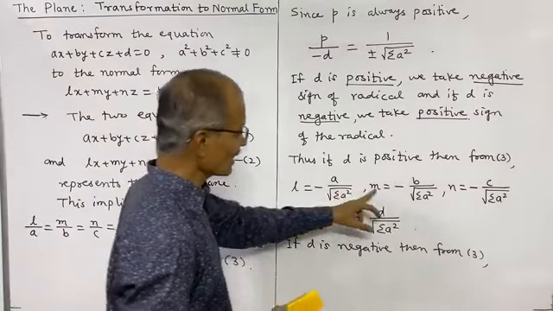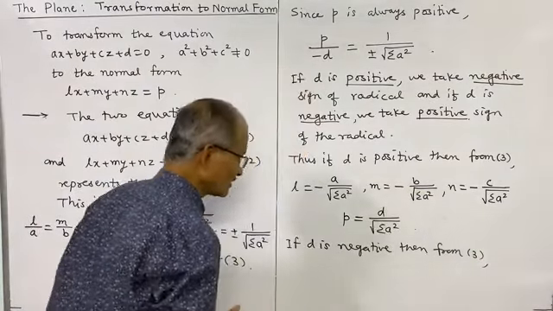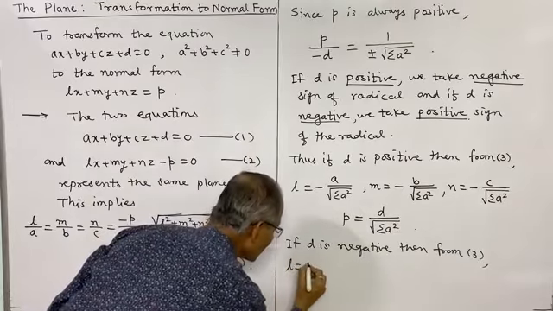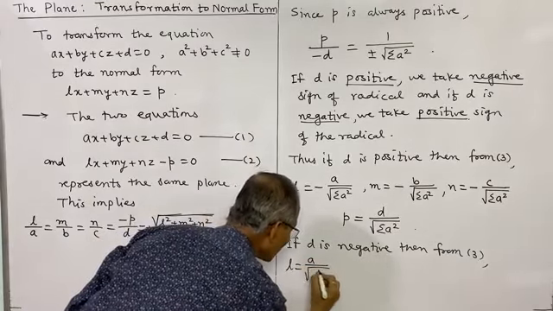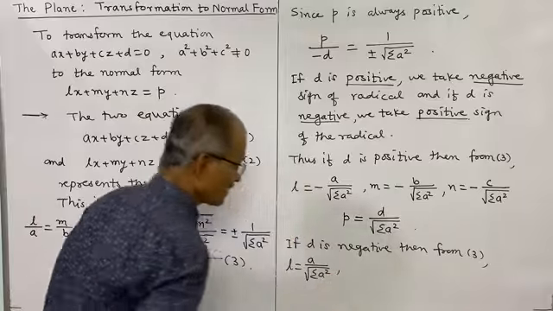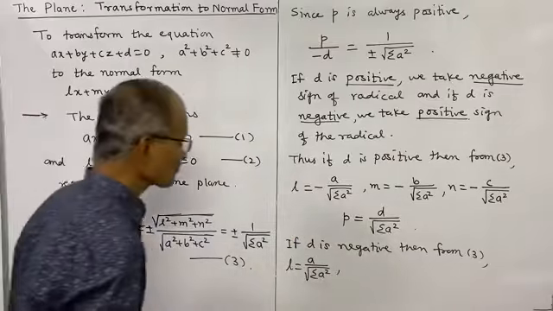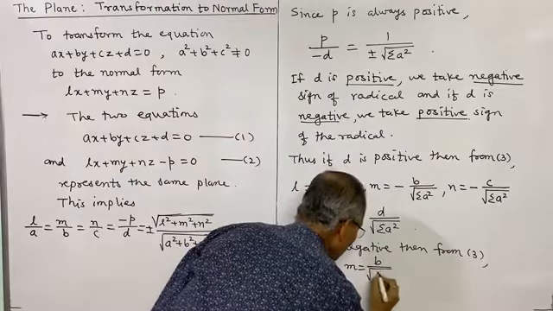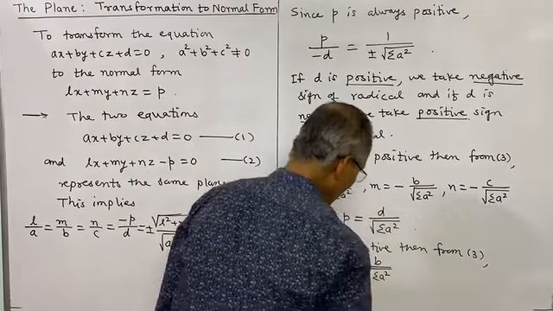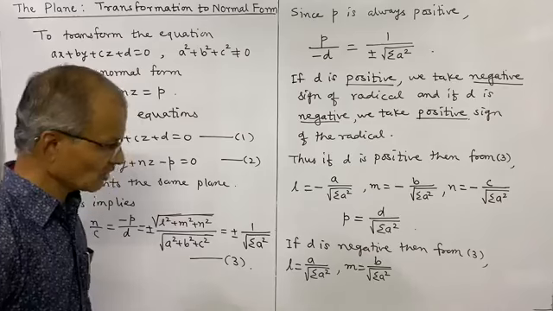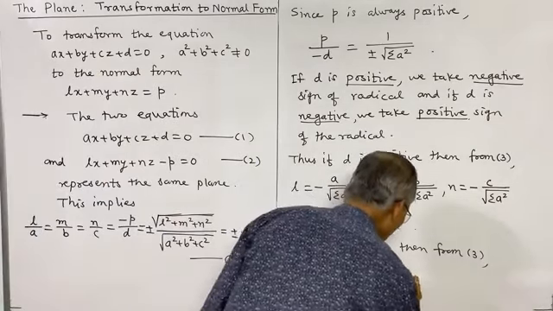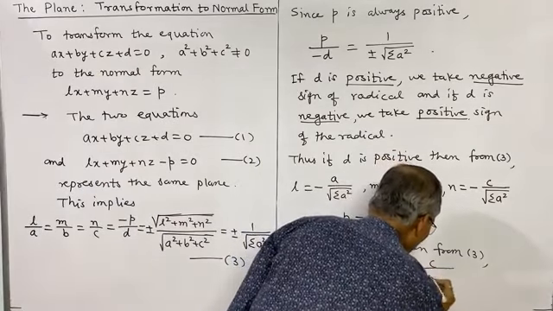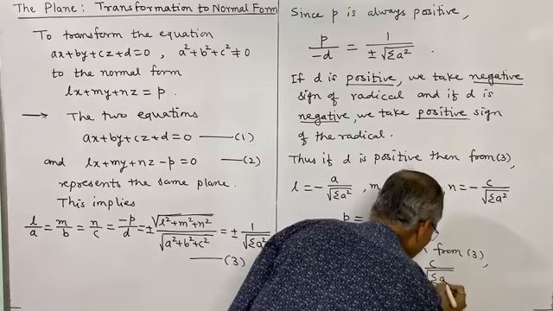So these signs will be changed, and thus we get L is equal to A divided by the square root of summation A square, M is B divided by the square root of summation A square, and N is C divided by the square root of summation A square.